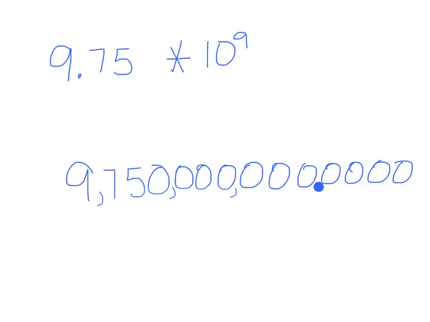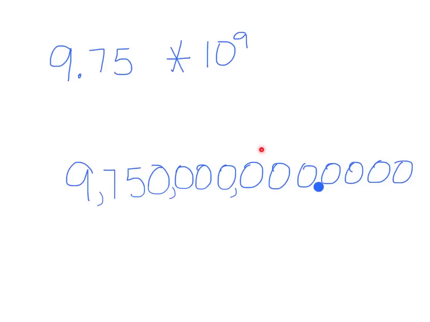It has a total of 9 place values that are to the right of where we started, okay, because we started here right after the 9. But it does not have 9 zeros. It actually only has 7 zeros. So we're not really looking at zeros. Instead, we're looking at how many times we're moving the place value over.